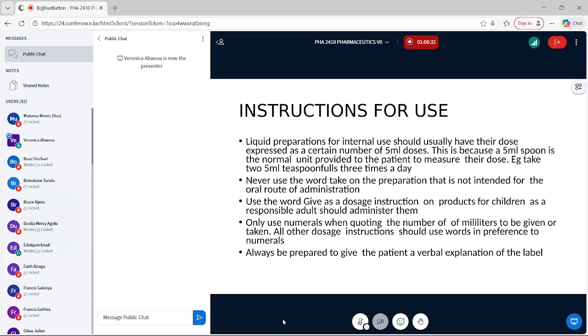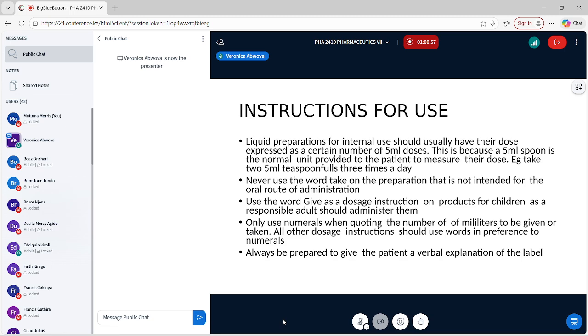Okay, so you can write that, or you can write take 10 ml 3 times a day, so long as you explain to the patient that this measure, okay, is 5 ml, so that the patient can know that this 2 5 ml makes 10, okay.